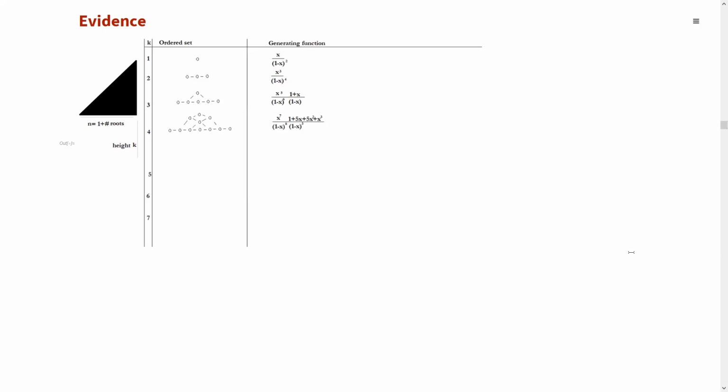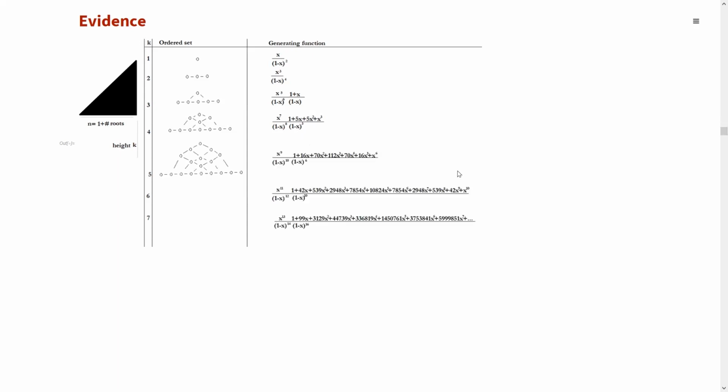And as k grows, the poset becomes more complicated, but at the same time, we were able to compute the corresponding generating function. And we discovered something surprising, that the coefficients of the power series have some symmetry, which for once shouldn't be that surprising, because topological objects have a symmetry, but at the same time we don't understand the meaning of these numbers and why there is this beautiful symmetry of going left to right or going right to left.